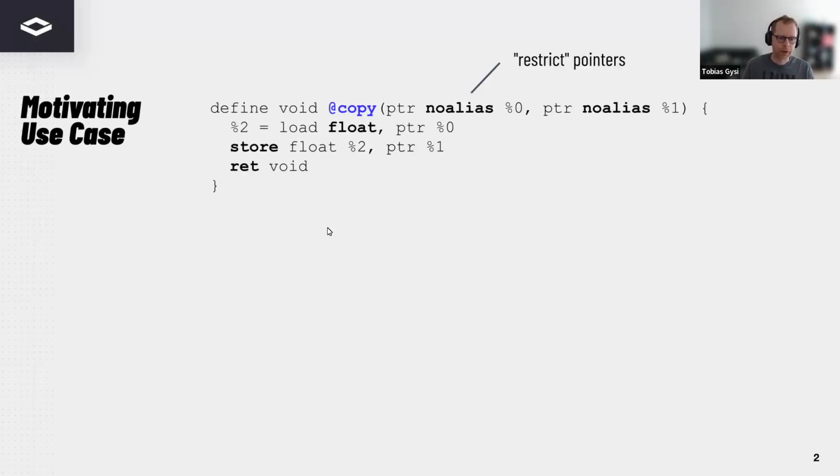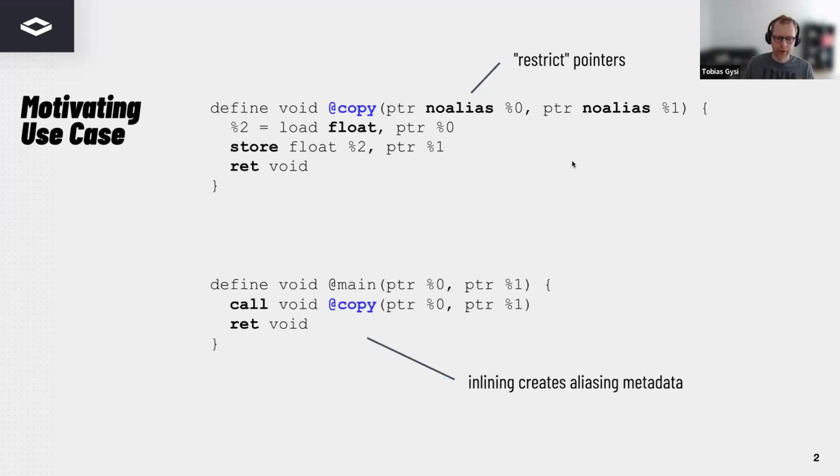And first we look at the function we want to inline. So it's a simple copy function that takes two pointers and copies from one pointer to the other pointer. And it is annotated with this no alias attribute, which basically means it's a restrict pointer.